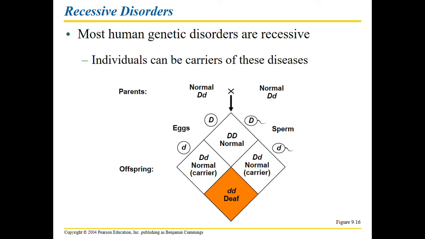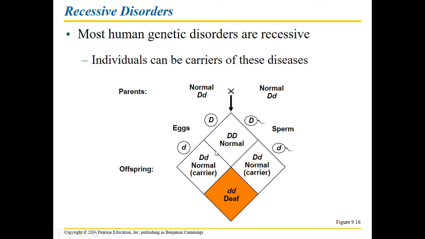Here you can see that as long as one allele is dominant, you won't have deaf offspring. But notice the heterozygous individuals, they have one recessive allele, so depending on who they mate with and have offspring with, they could potentially have a deaf offspring because they're carriers. They're not deaf, but they do have that recessive allele that would make them carriers for deafness.